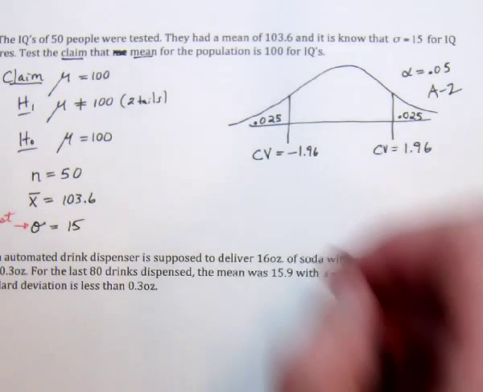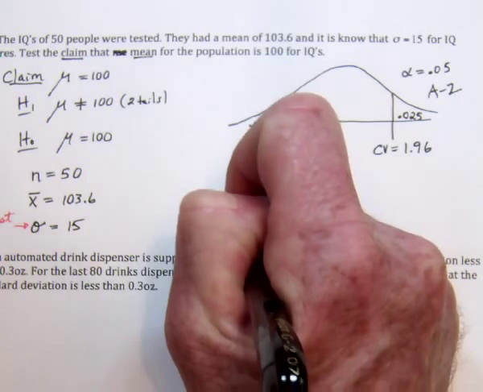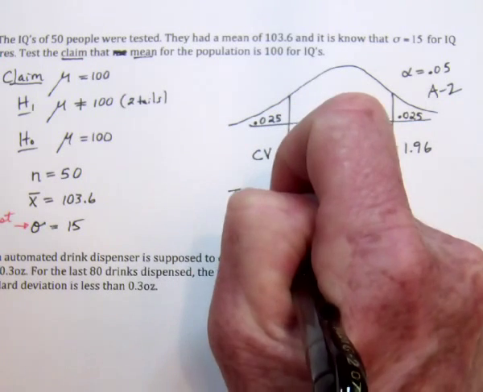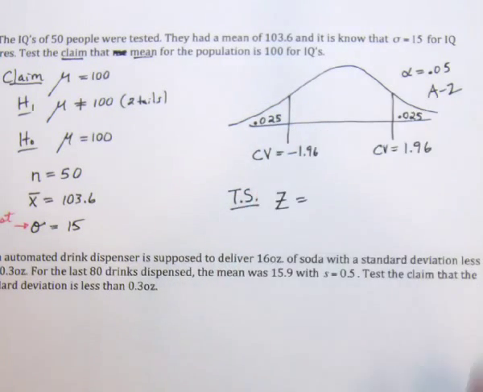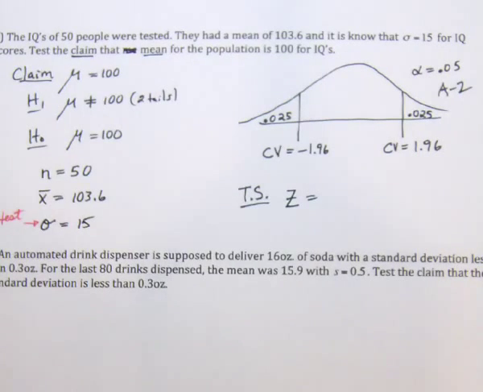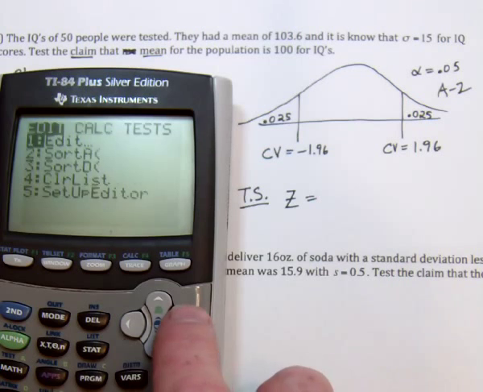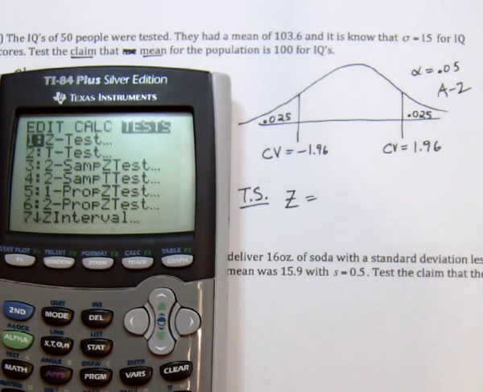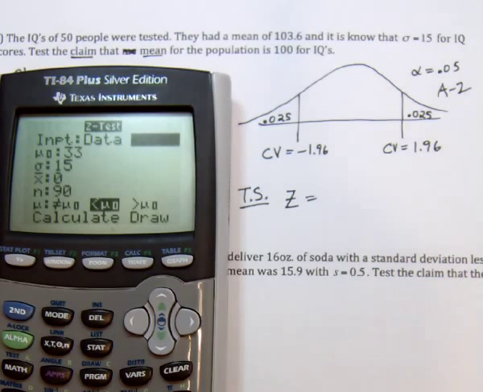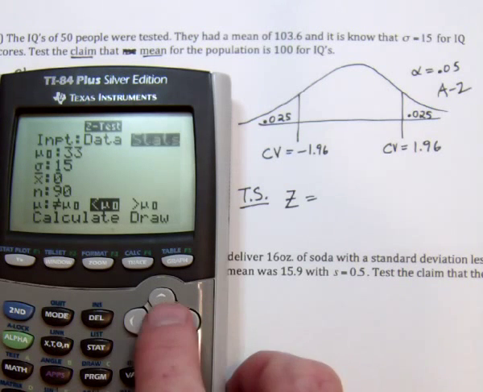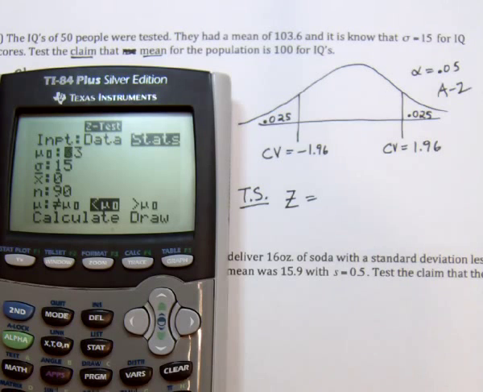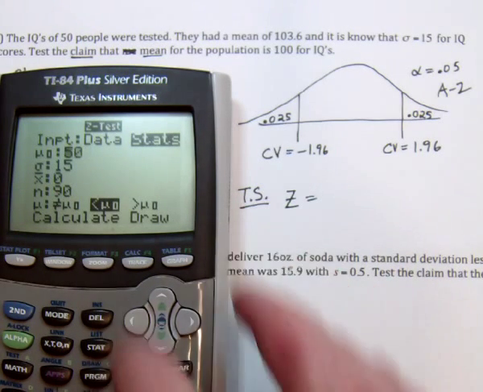Next, for the test statistic. That's going to be a z, and we can use the calculator. If you go to Stat and Tests, there it is, the very first one is z-test. It was a claim about 100.